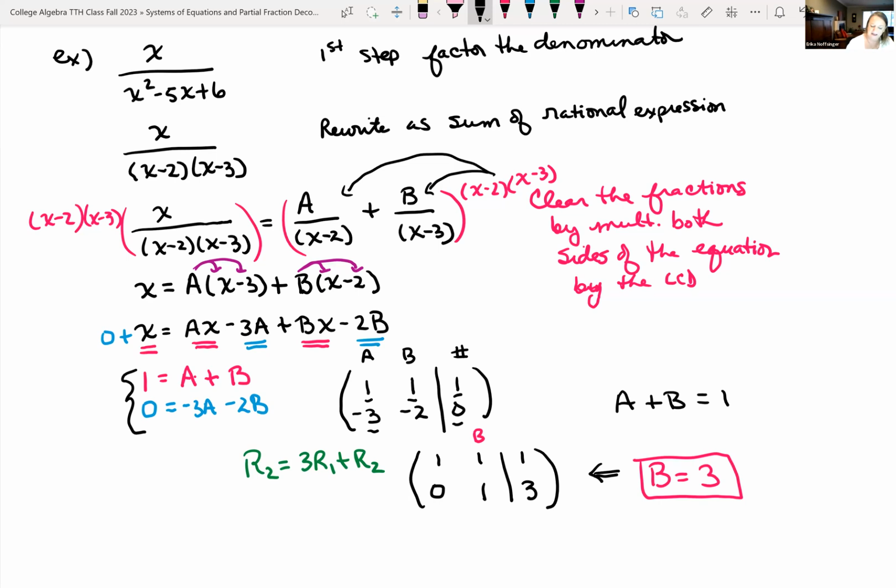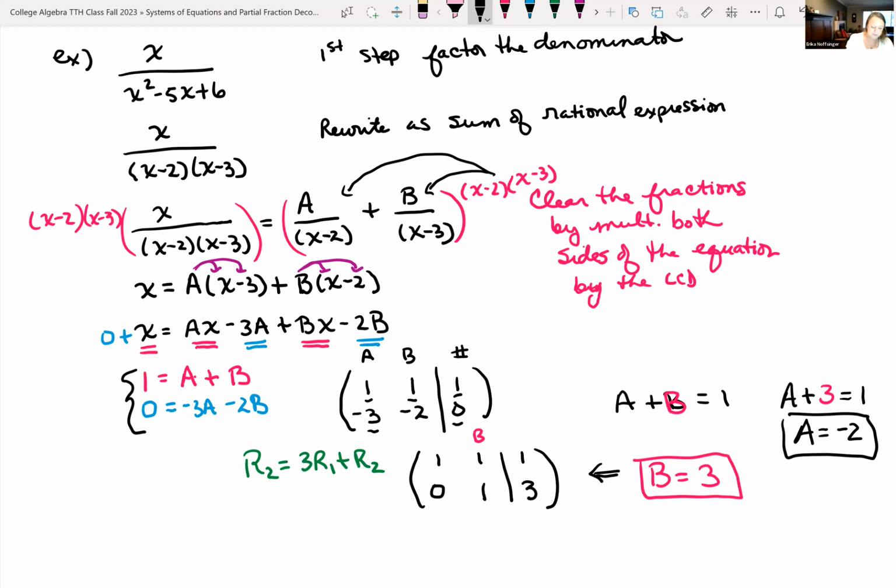So if we plug in 3 for our B, we could solve for A. So we can go through and rewrite this totally in reduced echelon form to solve. So I have A plus 3 is equal to 1. So I have A here, 1 minus 3, which is -2.